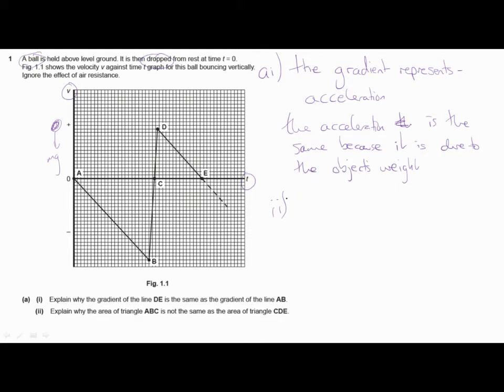Part (ii), why is the area of triangle ABC not the same as the area of the triangle CDE? So again, to answer this question, we need to explain what the area under a VT graph represents. So what does that represent? It represents the distance travelled.